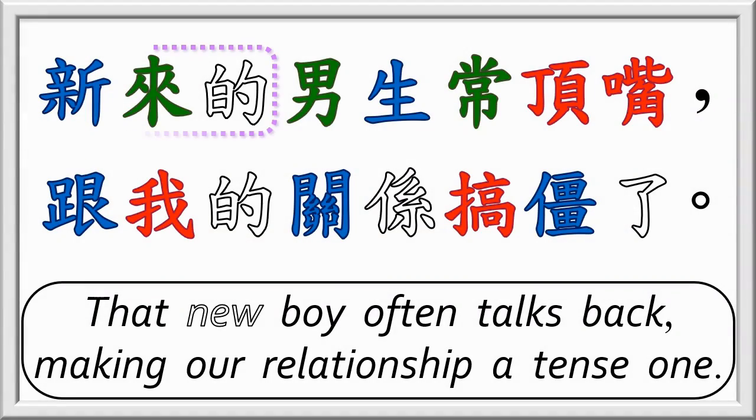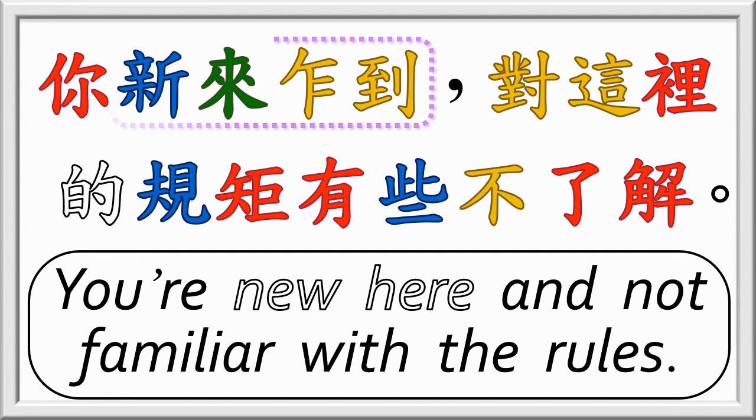新来的 would be a newcomer. 新来的男生常顶嘴，跟我的关系搞僵了. That new boy student often talks back, making our relationship a tense one. 新来乍到 is an idiom describing a newcomer. 你新来乍到，对这里的规矩有些不了解.